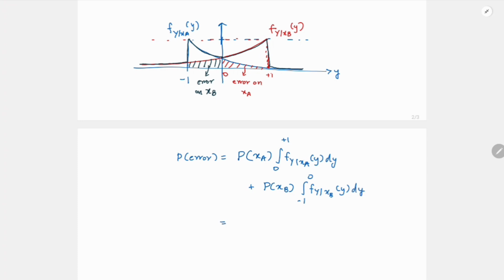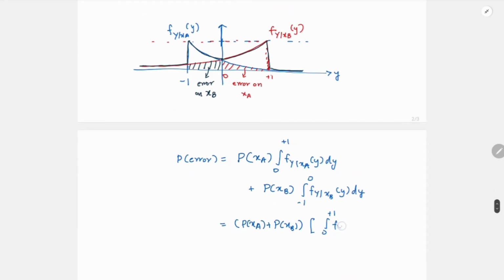Again, if you notice, these both are going to be symmetric. So you can directly put these two as equal and take this outside. So p of xa plus p of xb into whatever. You can evaluate just one of them. So f of y given xa, let's do it, into dy.